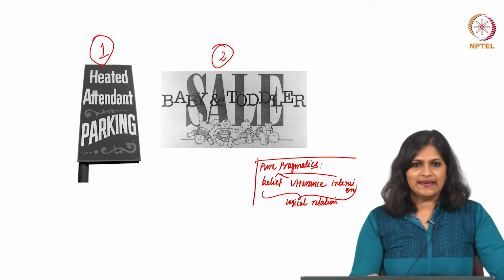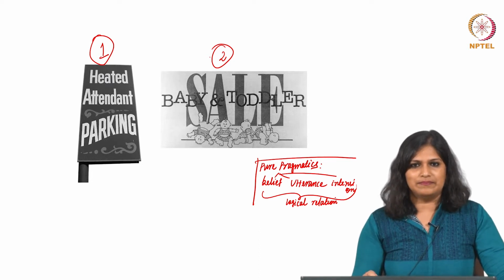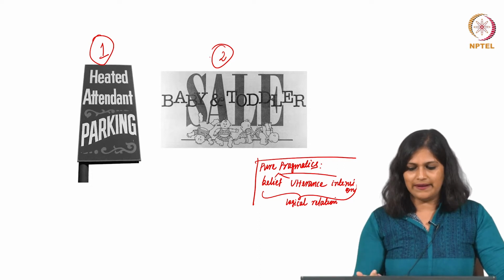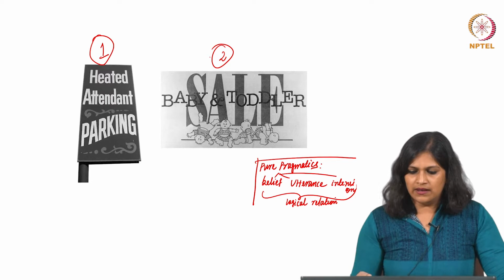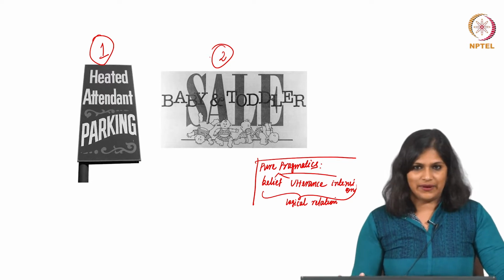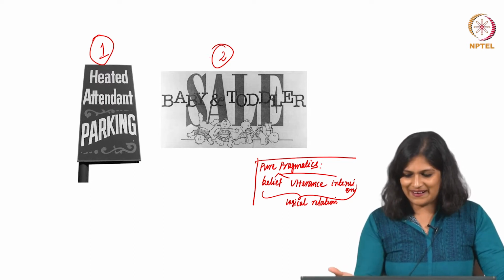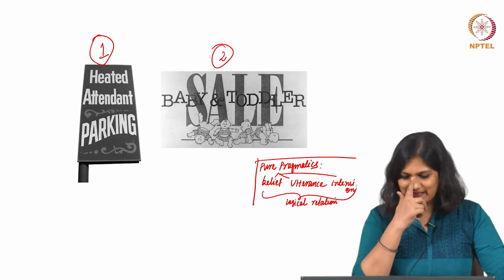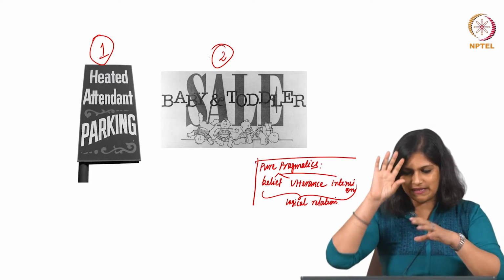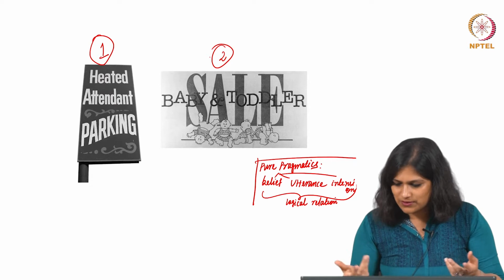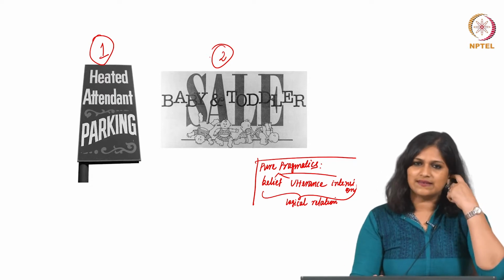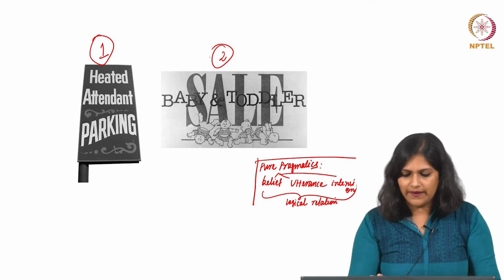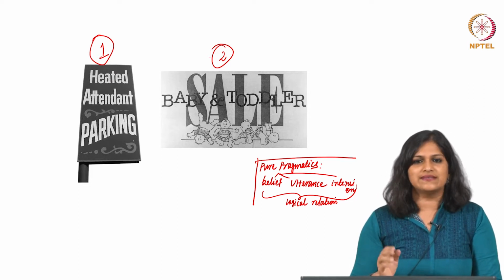What does it say? It says baby and toddler, and then there is a third word which is written, which is sail, right. So, what does it mean? There are a couple of babies and toddlers, super cute ones. One is upside down, one is trying to do some squat or whatever, and there are four tiny babies and toddlers sitting over here, and it is written sail.